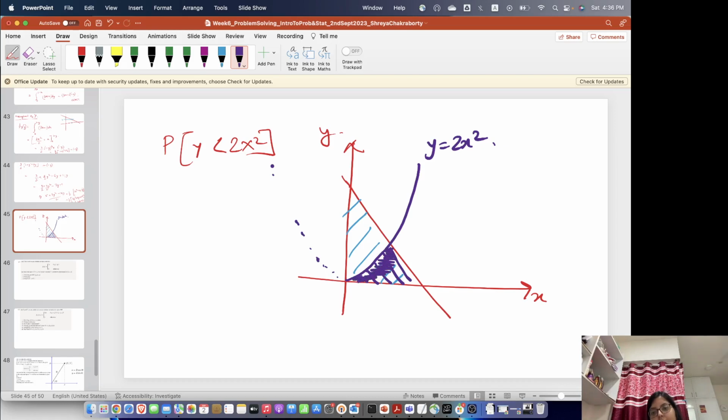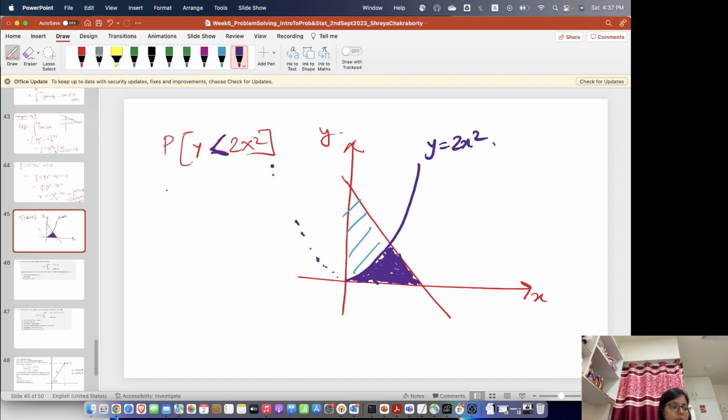This is the region over which we should integrate the PDF in order to get the required probability, because it is y less than 2x square. So here y is 0. This side of the curve will follow y less than 2x square. Now over this range, shaded in violet, we have to integrate the joint PDF in order to get the required probability.